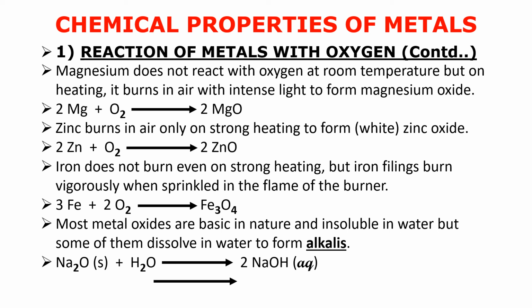So sodium oxide plus water gives you sodium hydroxide, and potassium oxide reacts with water to give you potassium hydroxide. In the same way, if you put magnesium oxide in water, you will get magnesium hydroxide. So any oxide, when you dissolve it in water, will give you the corresponding hydroxide of the base. I hope this is clear to you, students. So we now move on to the next property.